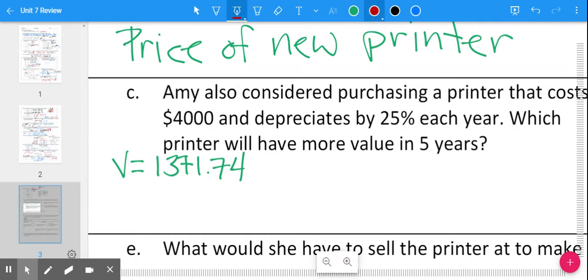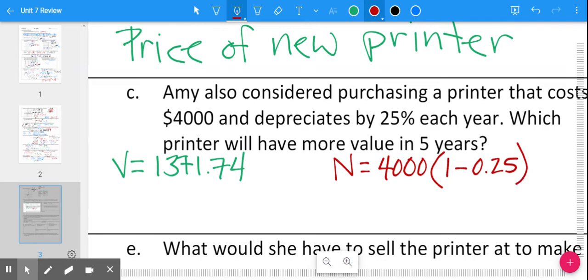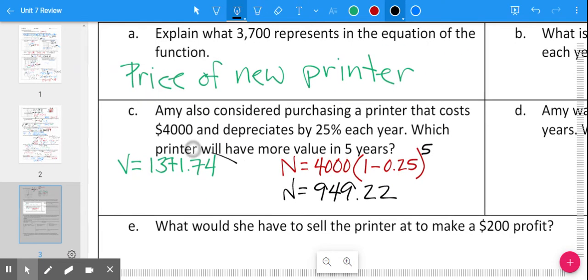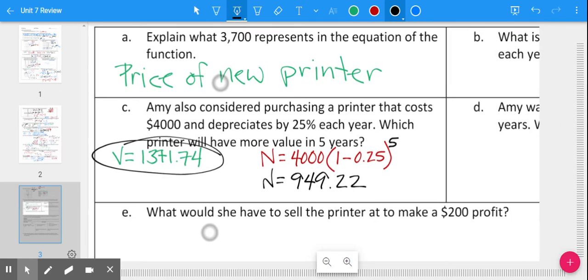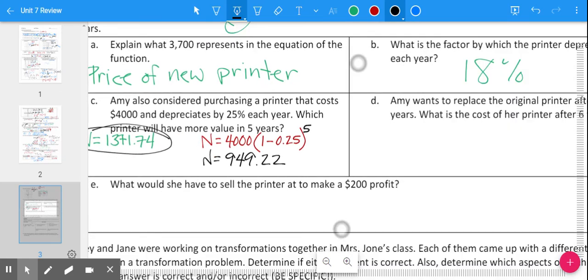With this new printer, we'll call it N for new, the $4,000 is how much it cost. It's depreciating by 25% each year, and we want to know in 5 years. Plug it into your calculator, and that new printer would only be worth $949.22 roughly. So the one that has more value is printer V, the original one.